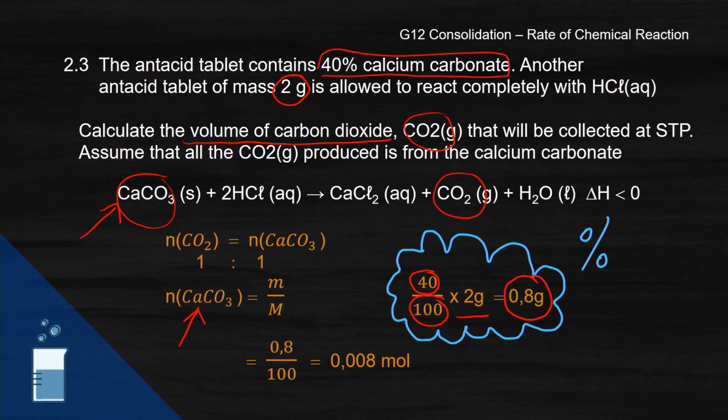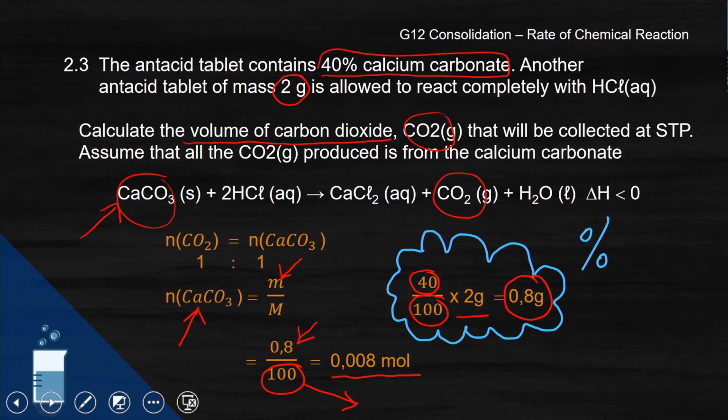It's the 40% that reacts. So in place of 2 grams in that mass space, I will place 0.8 grams, divided by the molar mass of calcium carbonate, which you need to calculate from the periodic table, and you get an answer of 0.008 moles.